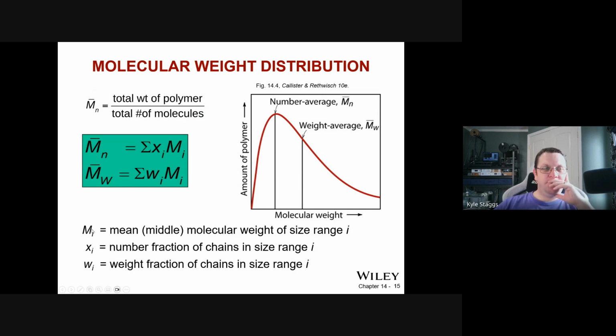using a data set for this. What we can do is take the mean, and then we can also use the weight fractions, so we can take a weighted average, and then we can take the numerical average. The numerical average and the weighted average in a given population of polymers might be very close, or close enough as to be nearly the same.